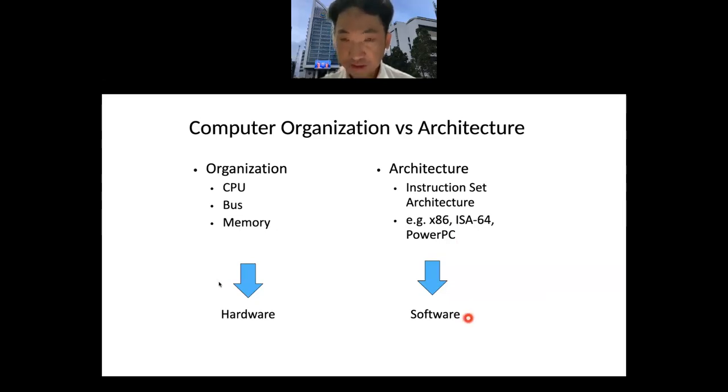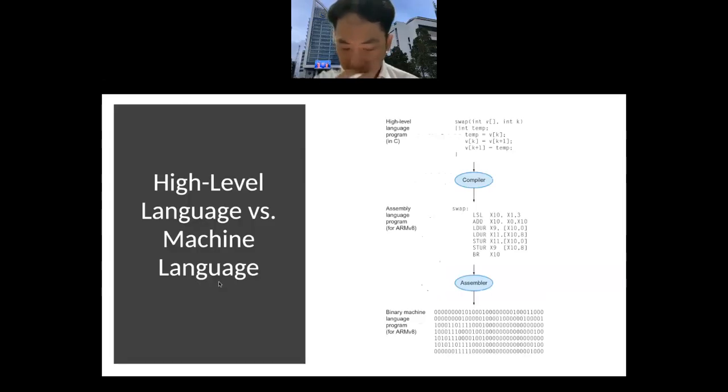And here is the software side. In our course, I think that you definitely know a high-level programming language. For example, you may have studied C, Python, or Java before.